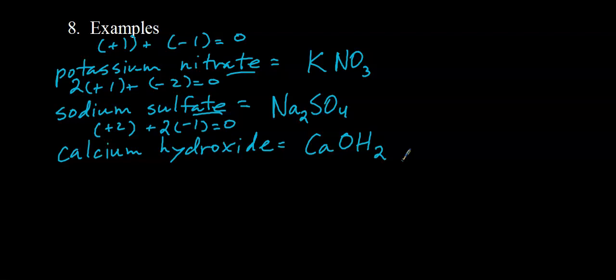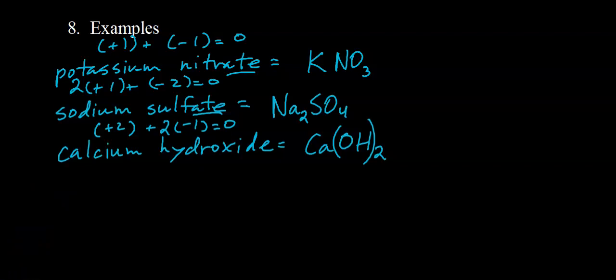If we put the 2 like that, that means 2 hydrogens. We don't want 2 hydrogens, we want 2 hydroxides. So how are we going to show 2 hydroxides? Put the whole polyatomic ion in parentheses, and then the subscript outside of the parentheses.